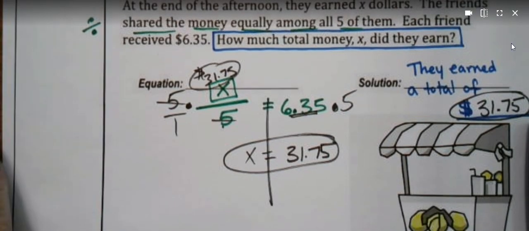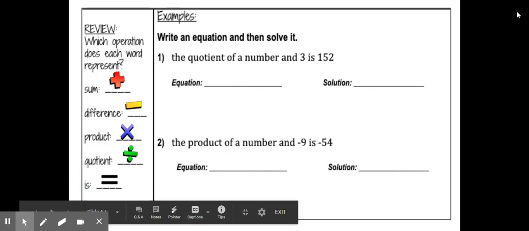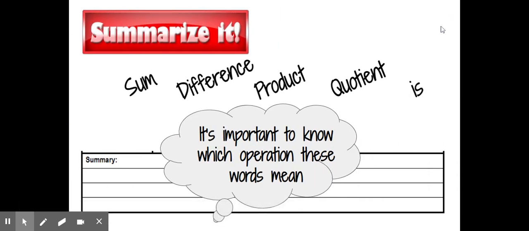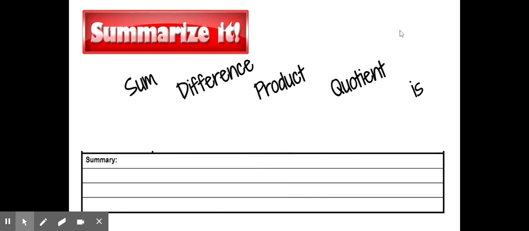Let's do a summary together. Let's take a look and summarize. Okay. When we are taking phrases or sentences and changing them into an equation to be solved, or even when we see a word problem, it's important to know what these operation words mean. So let's review. Sum. What does it mean when we see sum?